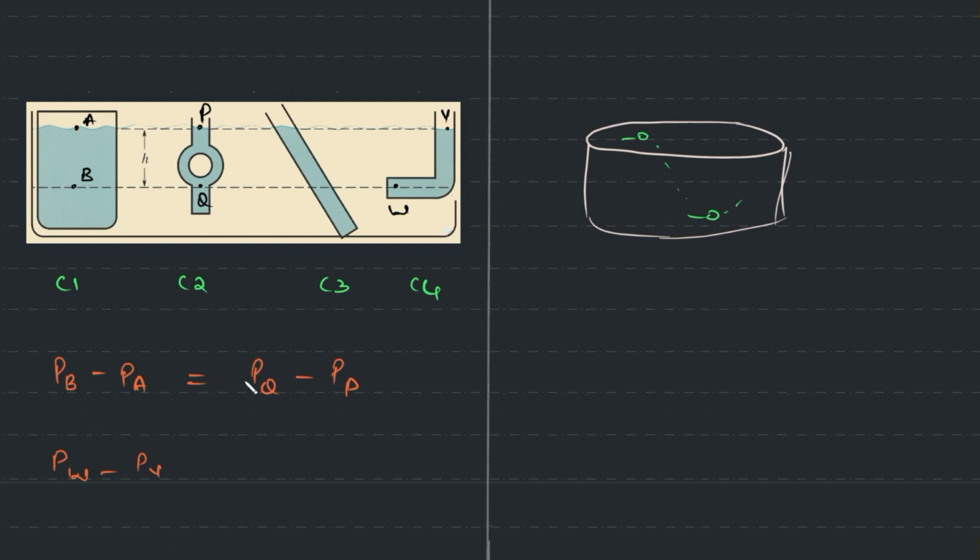Actually, the pressure difference in all of the 3 cases will be the same. But yeah, the obvious point would be that container 1 has more water than 2 and 3 and 4. So why is it same? We'll understand that.